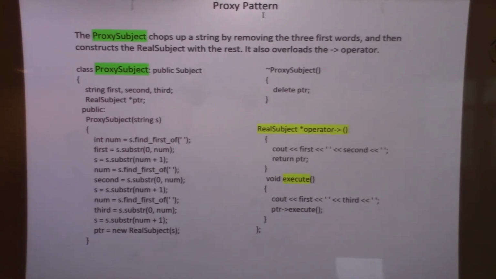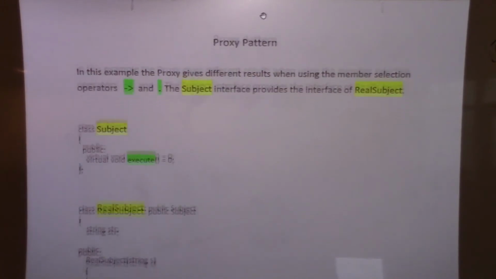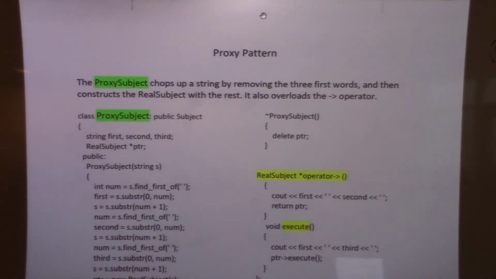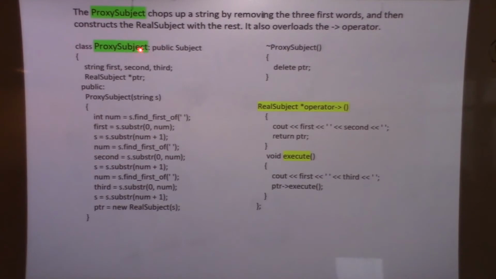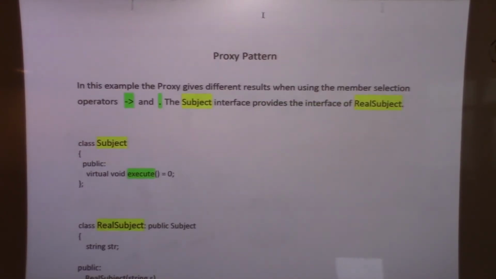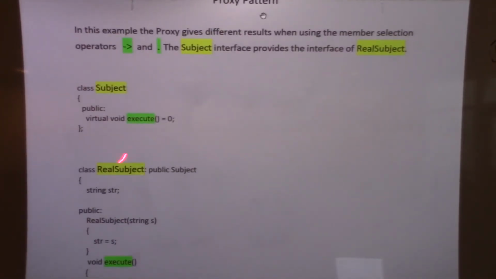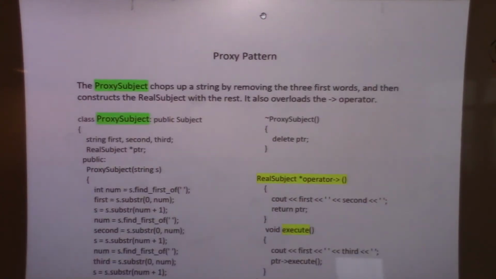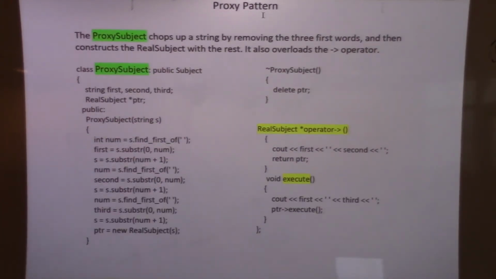So what we're going to do, the proxy subject, is a class that extends subject. Okay, so we have the real subject, and then we have the proxy subject. Get the idea? So we have subject, real subject, and then we have the proxy subject, which is also a subject.